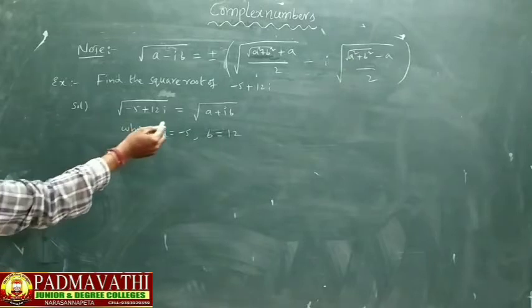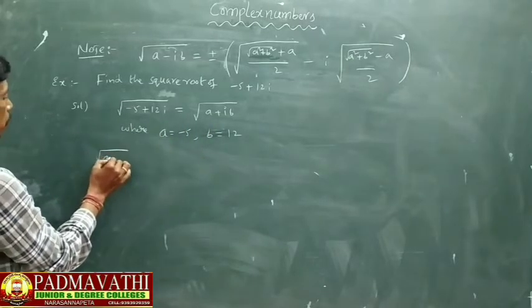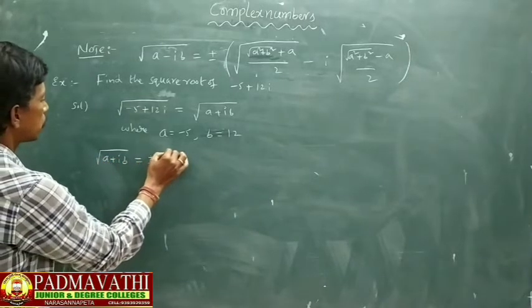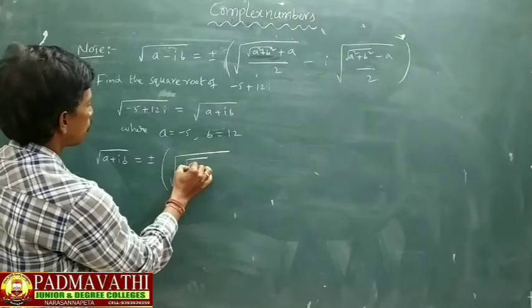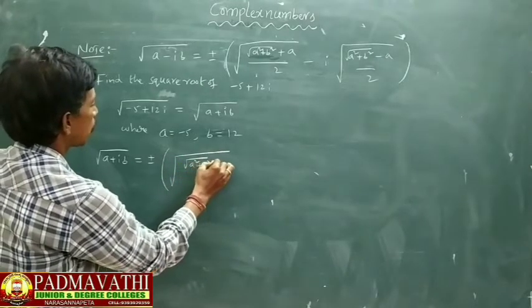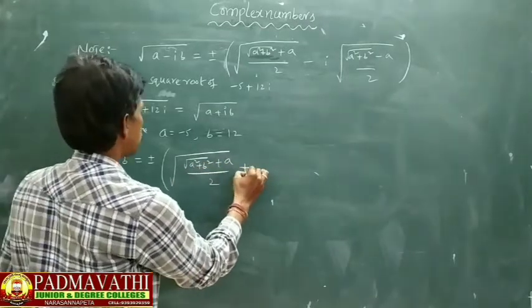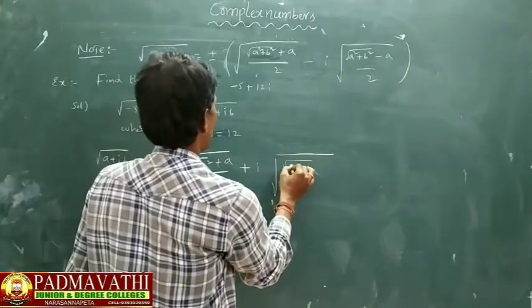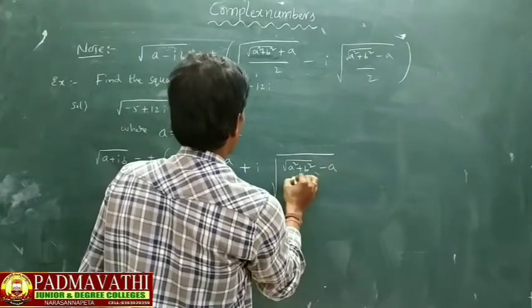Now what is the square root of a plus ib formula? Root of a plus ib equals plus or minus [the square root of (root of a square plus b square plus a) by 2, plus i times the square root of (root of a square plus b square minus a) whole by 2].